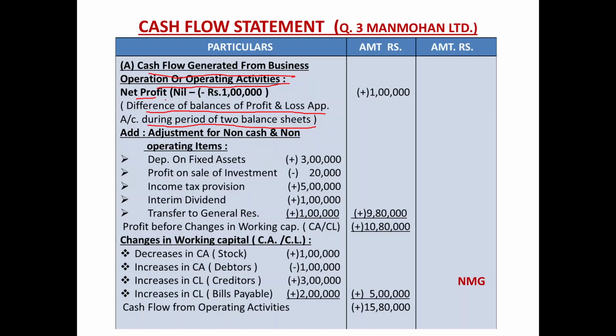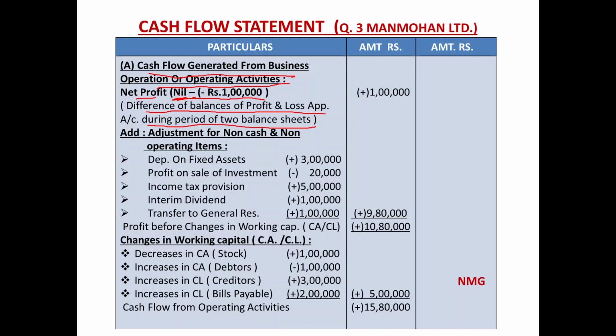Let us decide it. Net profit, comparison of the two balances of profit and loss appropriation account from the given two balance sheets. Current year's profit as given in the balance sheet nil, minus balance of profit or loss of the last year as given in the balance sheet, a loss balance for the last year rupees 1 lakh.